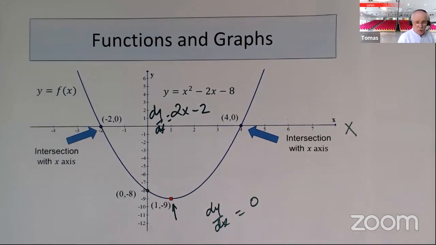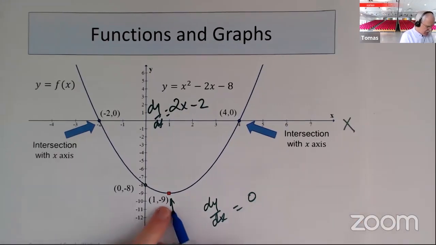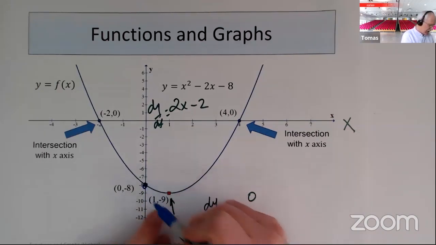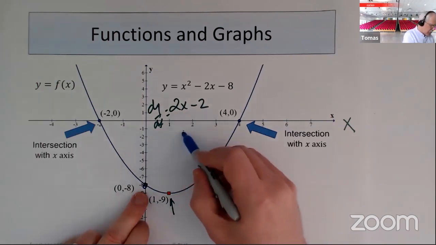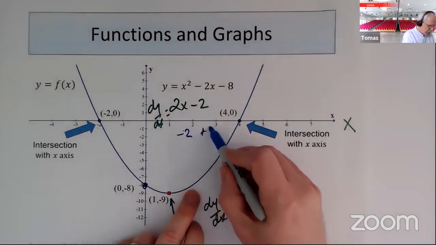Well, there's two ways of doing it. One is to say, dy/dx at the point 1 is 0. So maybe go back a little bit further and say, what was it at 0? dy/dx at 0 would have been minus 2, and dy/dx at 2 was plus 2.